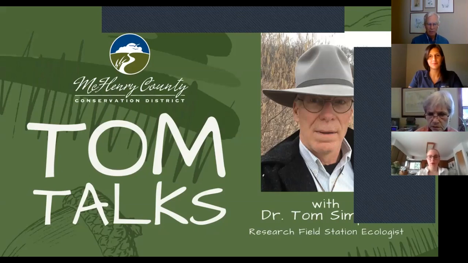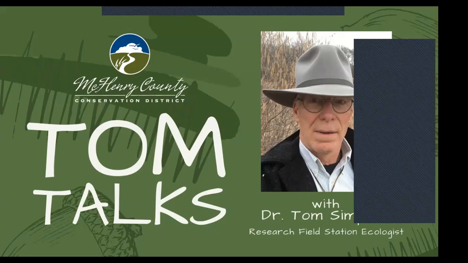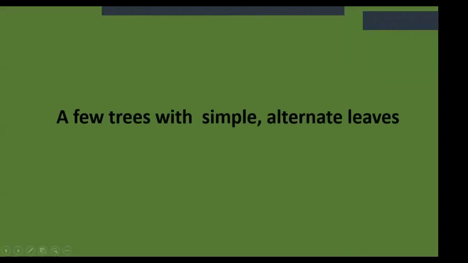So today we're really going to continue talking about the native trees of the region. Let me get rid of this. Okay, here we go. We're going to start where we left off yesterday.